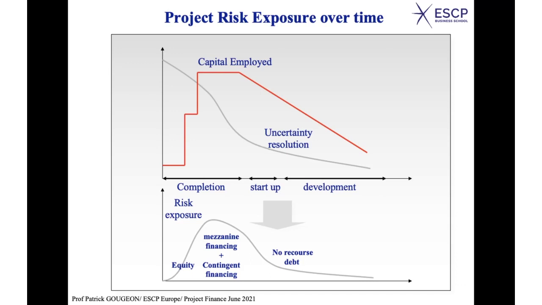So mezzanine financing, I'm not describing in detail what it is, but we're going to see that in the last chapter. I have also added what we call contingent financing here. What is it? When you start a project, you never know how much it's going to cost. For the Vietnamese project, I don't remember exactly how much it was, but let's say something like 8 billion euros, if I remember well.